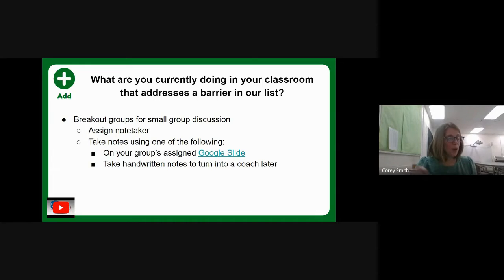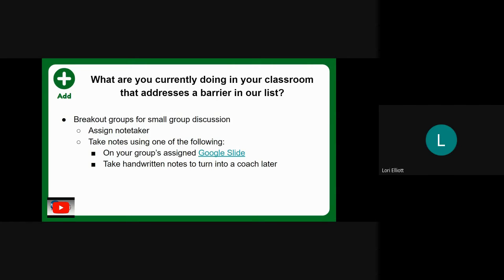Group 1, did you have anything that you wanted to share? I can share. We ran out of time before we could get it on the chart, but all of those really fit in the group we were in. One that stood out was time to collaborate. I think that's such a key to doing UDL in the right way, and we just don't seem to ever have time for that.